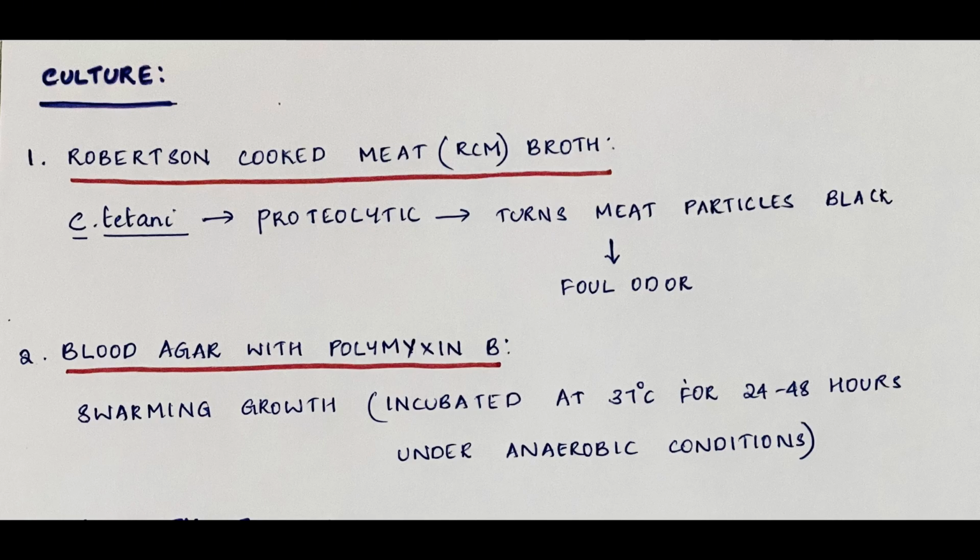Clostridium tetani is an obligate anaerobe that grows only in the absence of oxygen. Robertson cooked meat broth. Clostridium tetani, being proteolytic, turns the meat particles black and produces a foul odor. Blood agar with polymyxin B. Clostridium tetani produces a swarming growth when incubated at 37 degrees Celsius for 24 to 48 hours under anaerobic conditions.